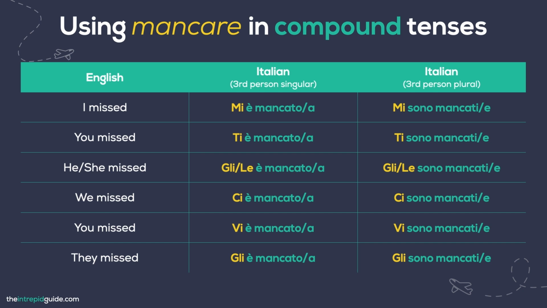We missed. Ci è mancato. Mancata. Ci sono mancati. Mancate. You missed. Vi è mancato. Mancata. Vi sono mancati. Mancate. They missed. Gli è mancato. Mancata. Gli sono mancati. Mancate.